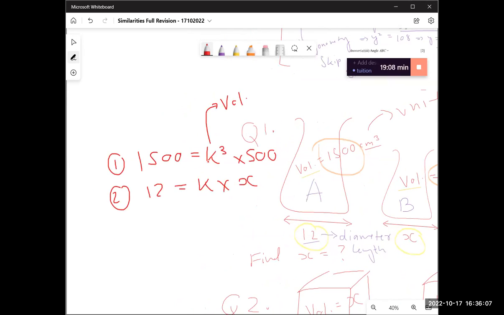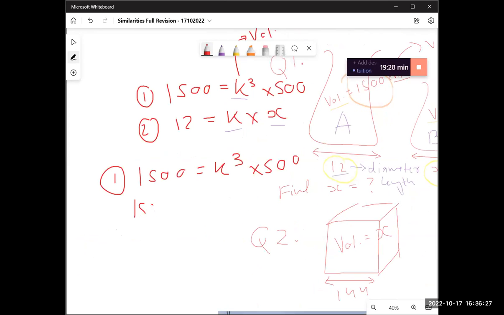Now I don't know what K and X are. Well, I don't know both of them, so I can't find the answer here. But in this case, I only have one unknown, which is K. There's nothing else I don't know. So I can use the first equation. 1500 is equal to K cube into 500. I take 500 to the other side, which will be 1500 divided by 500, which is equal to K cube.